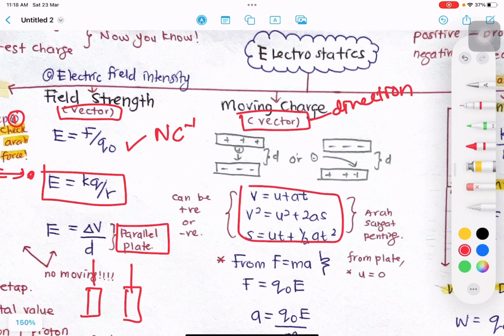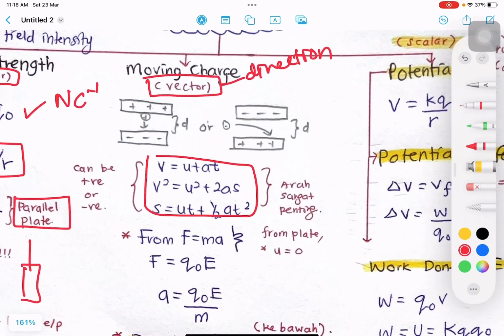These 3 are from your kinematic. It can be either positive or negative depending on the direction. If it is from negative, usually the direction will be in the opposite direction. For this case, it's going downward, so the displacement S will be negative, Sy, in the Y component.